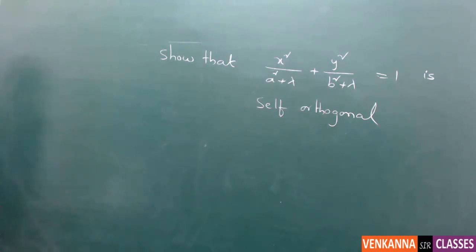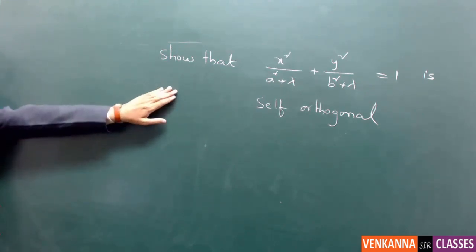Now please understand one thing, that self-orthogonal is nothing but the system of curves which you have taken intersects within itself perpendicularly. That means the system itself intersects at right angles. Such a type of family of curves is called self-orthogonal.